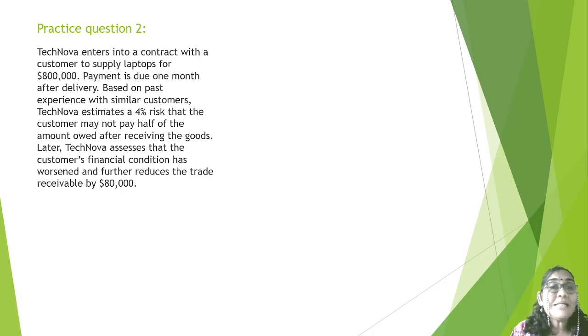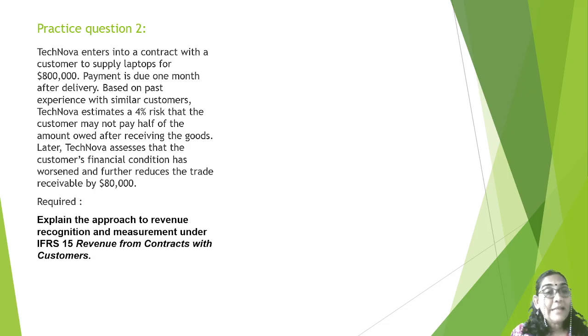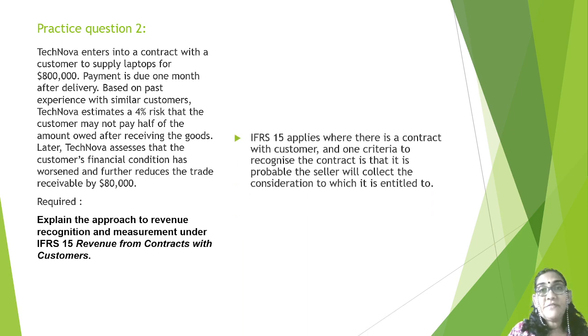Later, Technonova assesses that the customer's financial condition has worsened and further reduces the trade receivable by $800,000. Required, explain the approach to revenue recognition and measurement under IFRS 15.